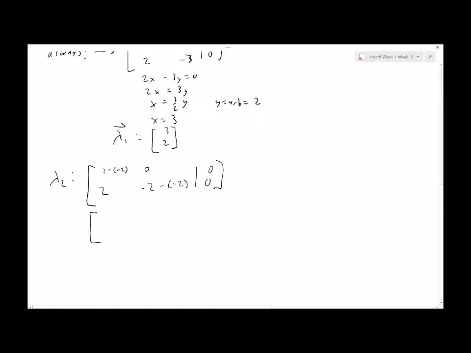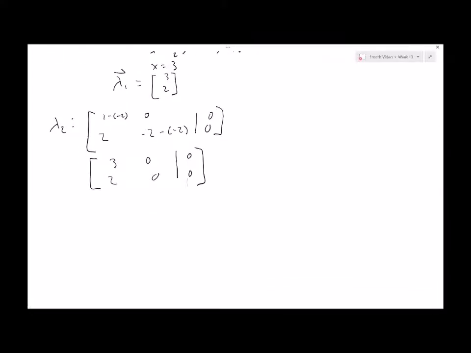So now this gives us 3, 0, 0, 2, 0, 0. You see these are multiples of each other. If I divided the first one by 3 and the second one by 2, we'd get the exact same thing. So we're left with 1, 0, 0, 1, 0, 0. Now I can easily do row 1 minus row 2 equals row 2, and as you can see, we're left with our row of zeros like we're supposed to.